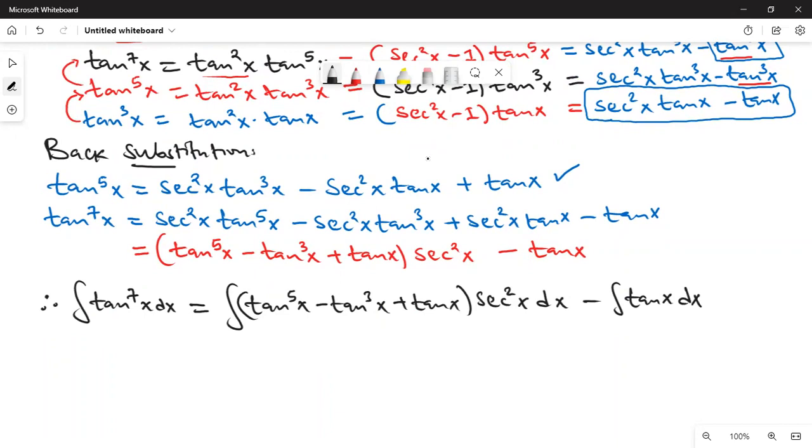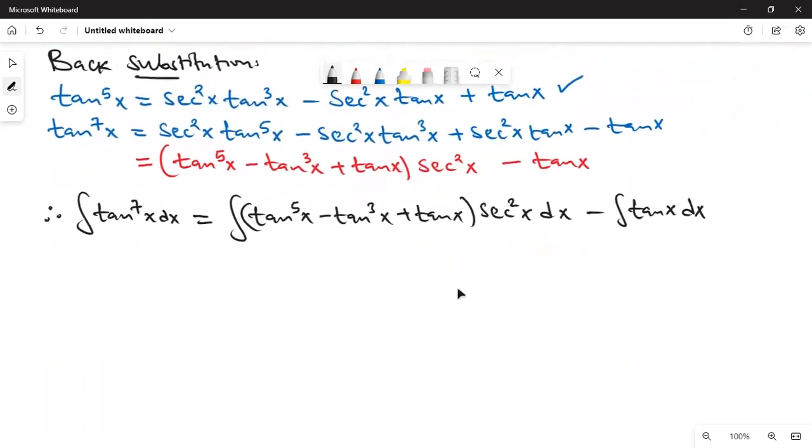I'll just split that into 2 integrals because of the linearity property of the integral. So let's look at the first integral.